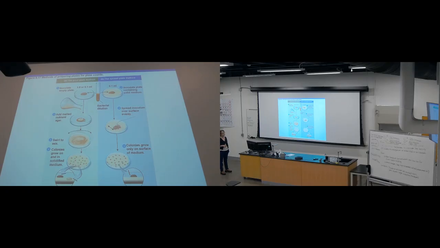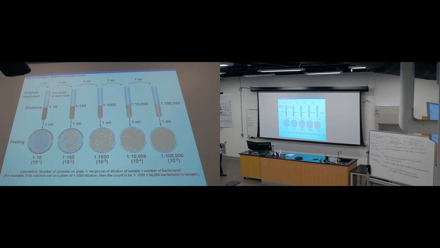So here are the two different types of methods. You have pour plate on the left and spread plate on the right. More than likely, in the previous examples that we saw, they were using this pour plate technique because they're transferring 1 milliliter of sample.